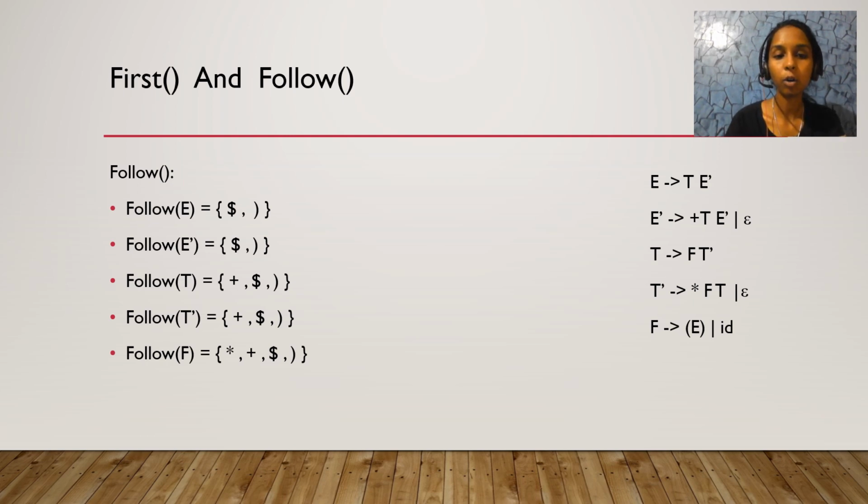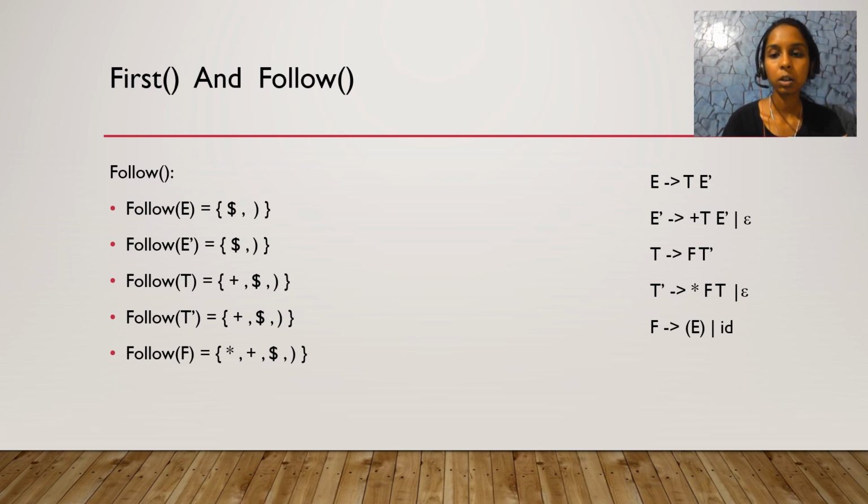Next is follow of T. We have to consider the productions where T is present on the right hand side, that is the first production and the fourth production. When you calculate, you get plus, dollar and close parenthesis. Again for T dash it's the same.